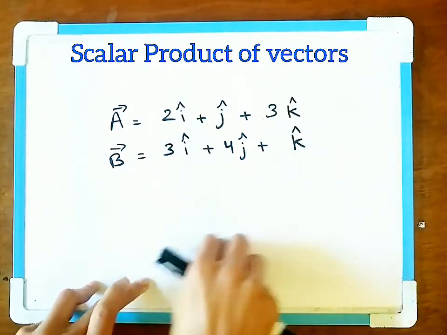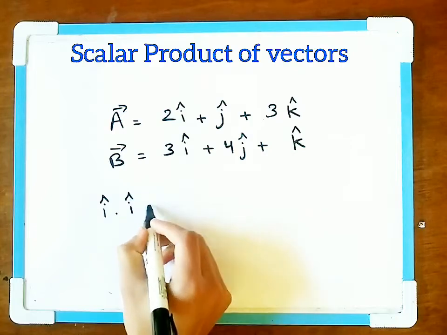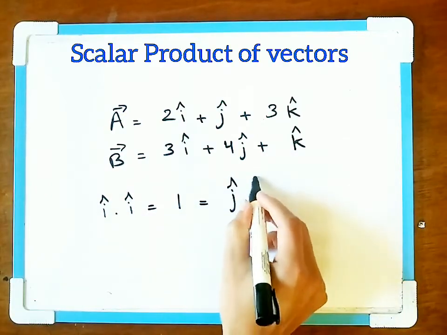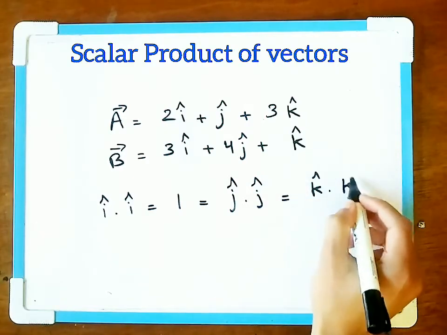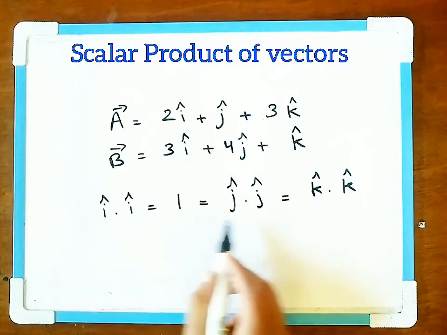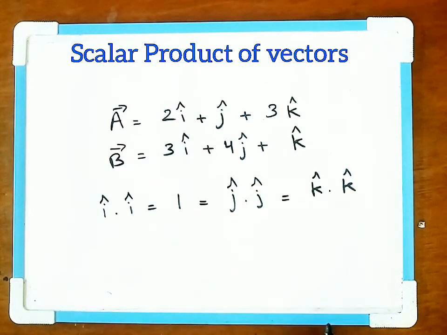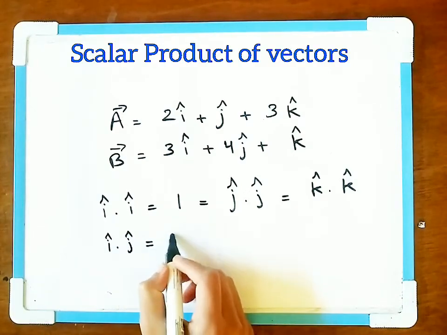Okay, so here remember that i dot i will be equal to 1. Similarly with j dot j and k dot k. So all of these are equal to 1. And if we have i dot j, this will be 0.